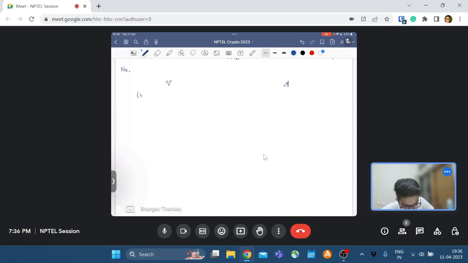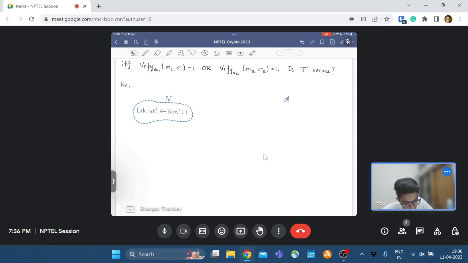The verifier obtains SK, VK from Gen, and then it sends VK to A. This is SK, this is VK.